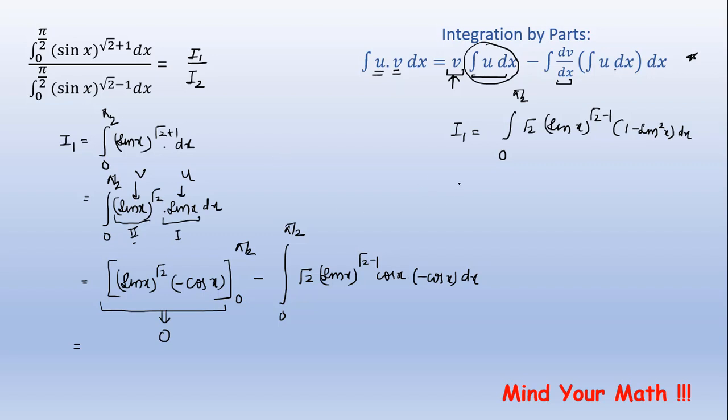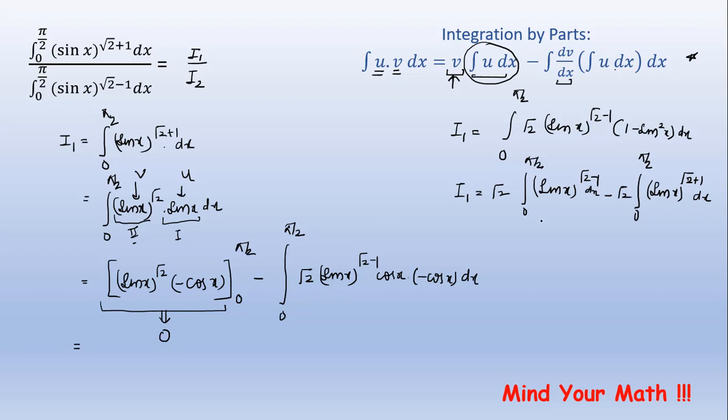Now further, if I simplify this, this is root 2 times the integral from 0 to pi by 2 of sin x raised to root 2 minus 1, minus root 2 times the integral from 0 to pi by 2, just multiplying this, of sin x raised to root 2 minus 1 into sin square x, which makes it root 2 plus 1, dx. Here also this is dx.